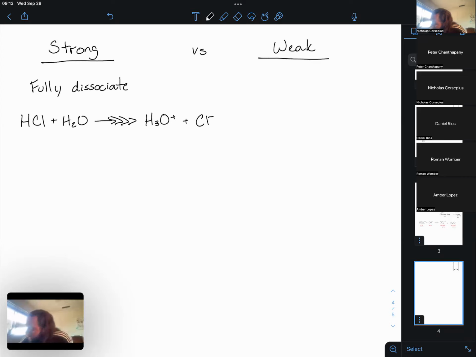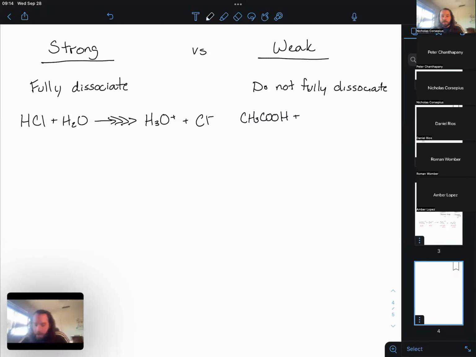Weak acids, on the other hand, do not fully dissociate. So if we take, for example, a weak acid, something like this.